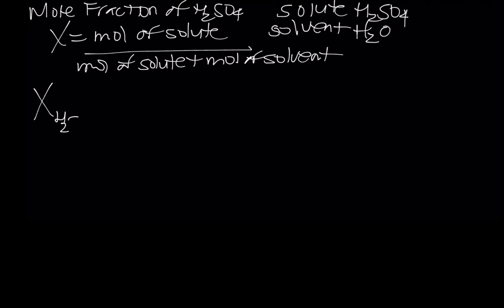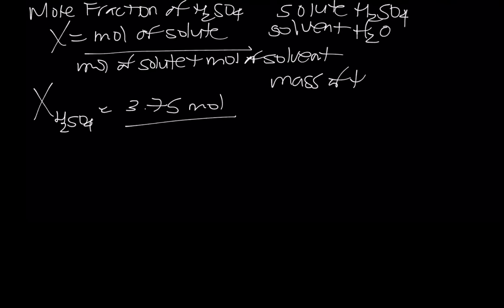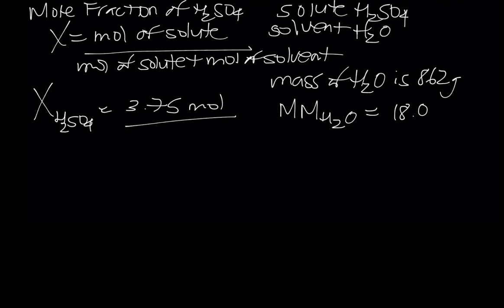So the mole fraction of H2SO4 will be equal to 3.75 moles, which we calculated earlier. But now we need to calculate the moles of solvent. We know that the mass of water is 862 grams. And we know that the molar mass, which we can calculate by using the periodic table, is equal to 18.02 grams per mole.